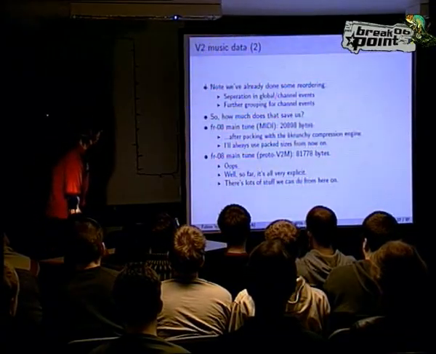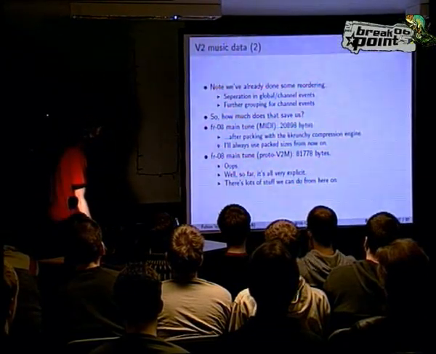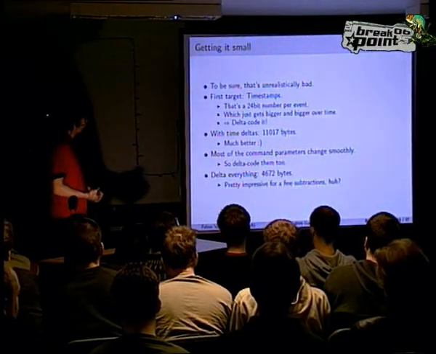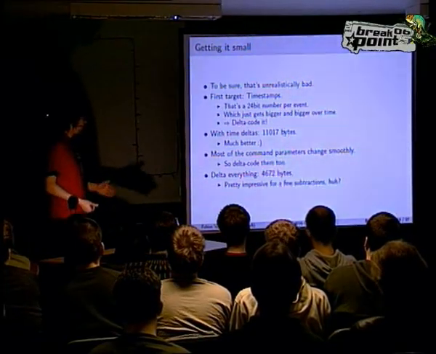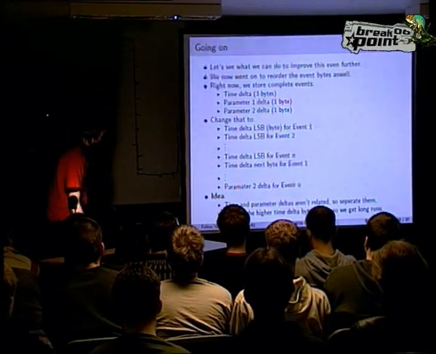As you might remember, we started out at about 21 kilobytes. So it's really a minimum amount of work we've done so far. We already have about a factor 4 reduction in compressed size.